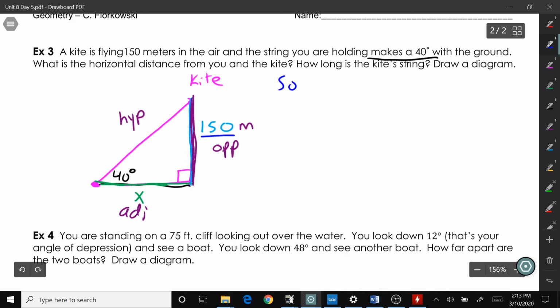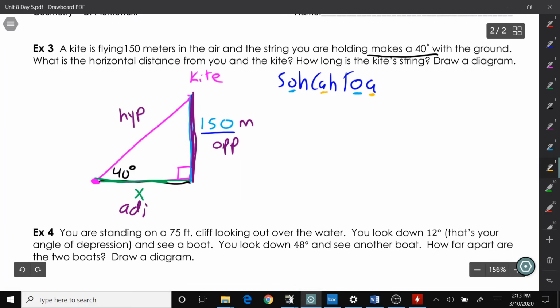And we're going to write out SOHCAHTOA. We know the opposite side, so we're going to underline the O's. We're trying to figure out the adjacent, so that is tangent. So the tangent of 40 degrees equals the opposite side, 150, over the adjacent, x, which we're trying to figure out. Multiply both sides by x.